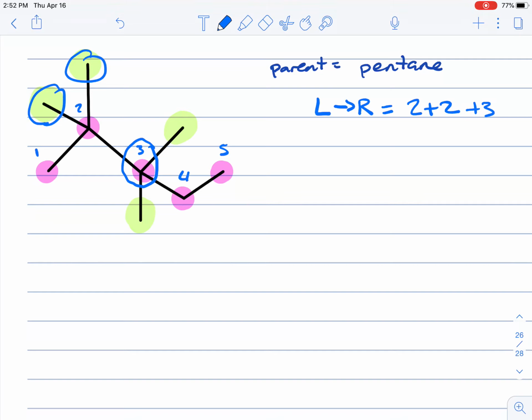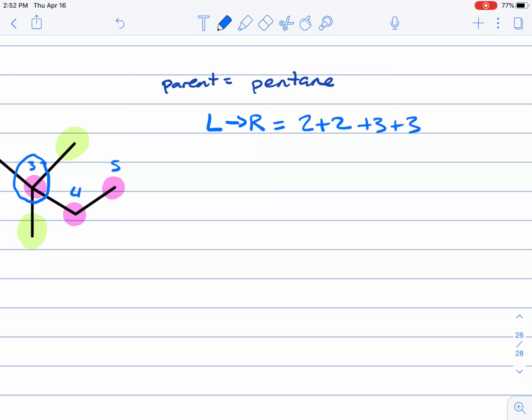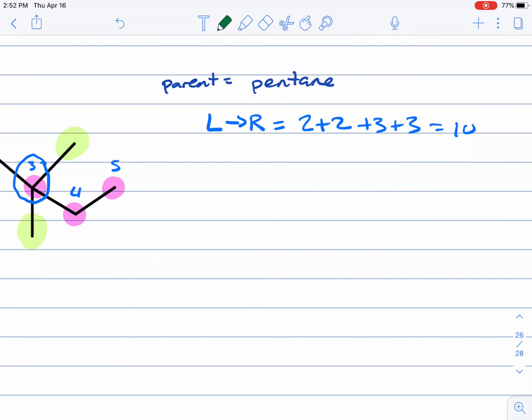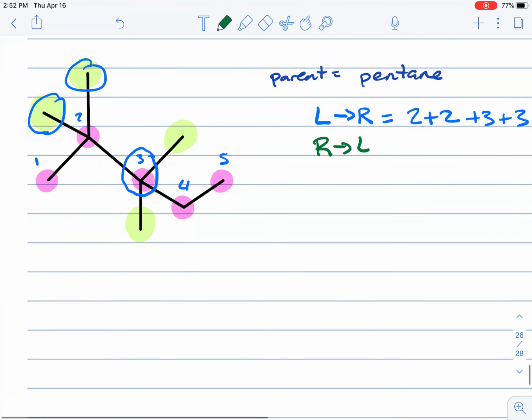So 3 plus 3. Okay, and so that's going to give me 10. And now if I do this in green, so right to left, so I have 1, 2, 3, 4, 5.